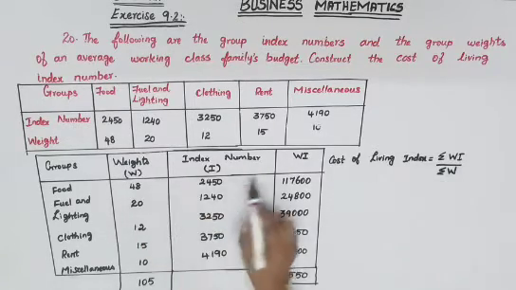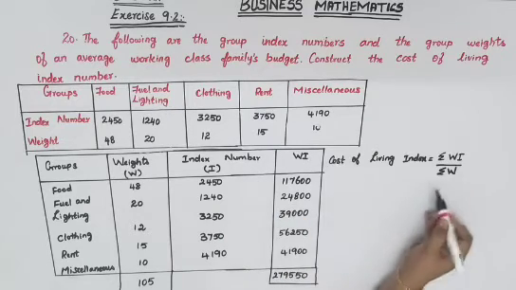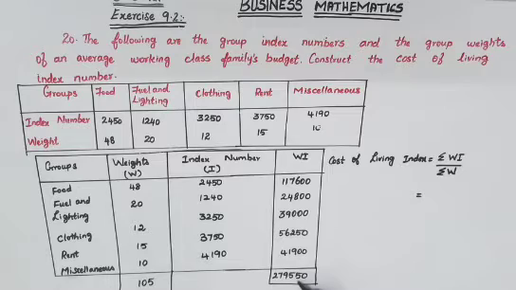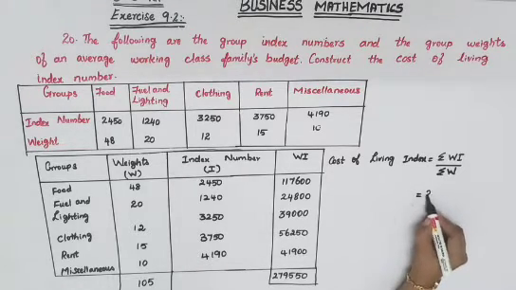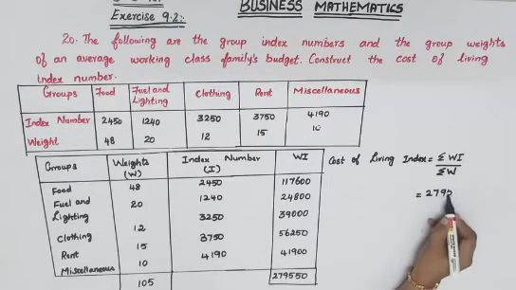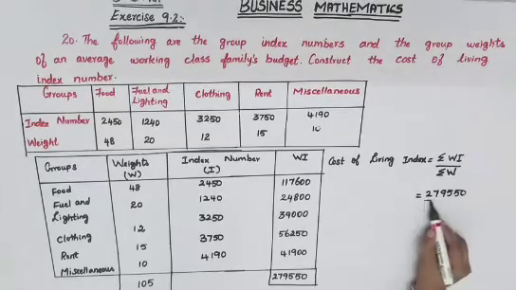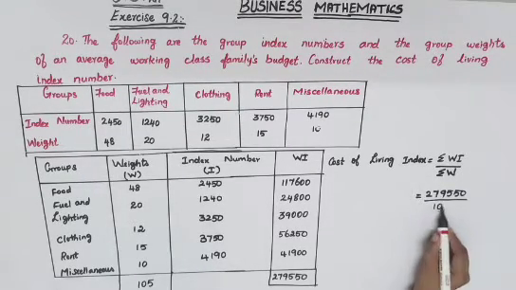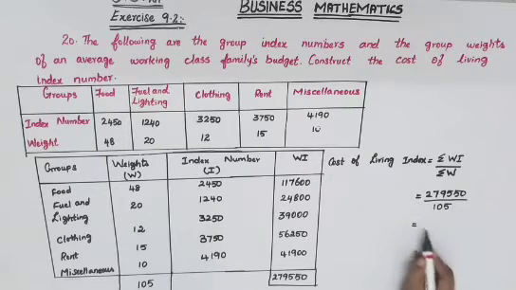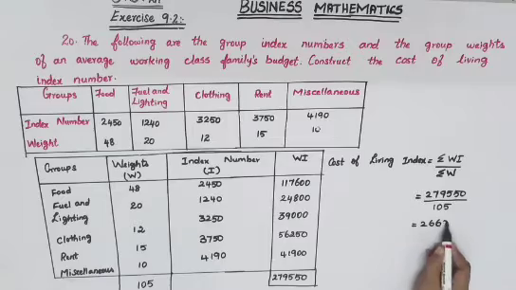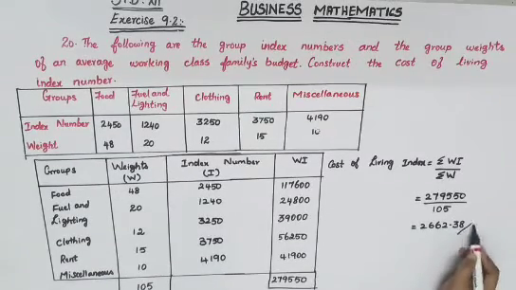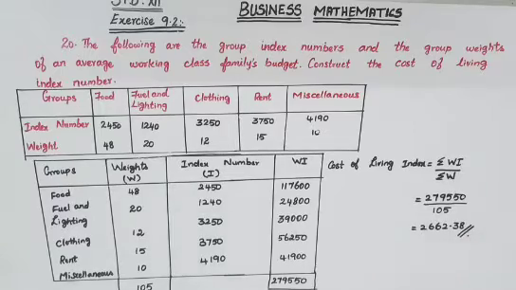So sigma WI is 279550 divided by 105, and your answer will be 2662.38. So this is the answer for your 20th question.